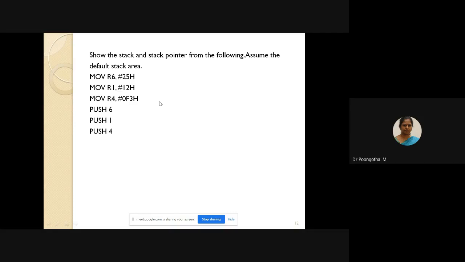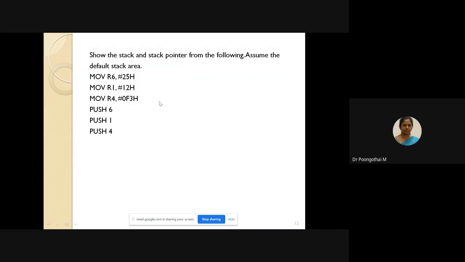Okay, so the first instruction will be push 6, which means this instruction is used to push the content of R6 into the stack memory. Next R1 is pushed into the stack memory, and next R4 is pushed into the stack memory.